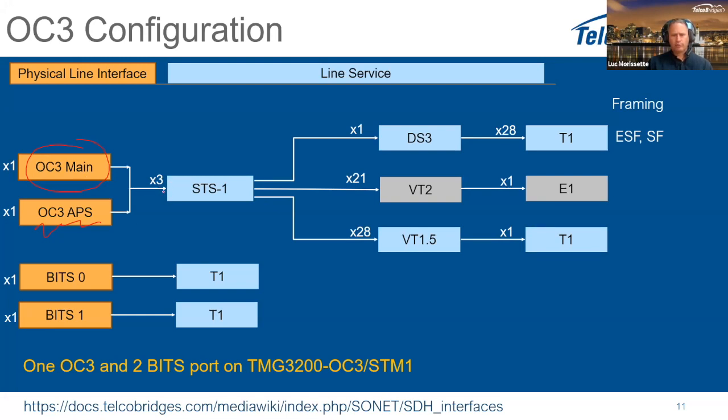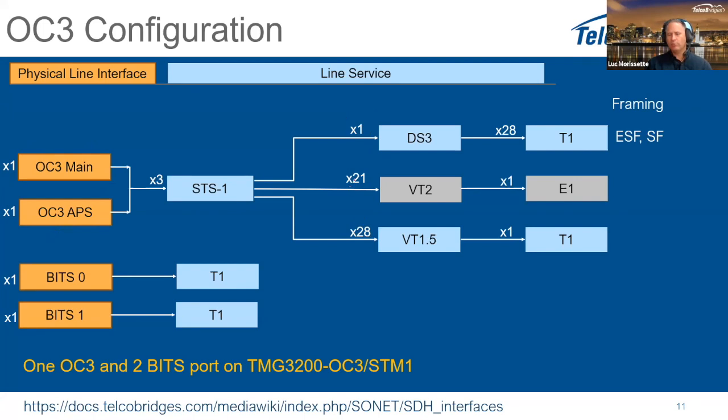In the OC3, you have different configurations you can do. If you start here, you will have 3 STS1 containers in the OC3. And in those STS1s, each one of them will have either 1 DS3, 21 VT2, or 28 VT1.